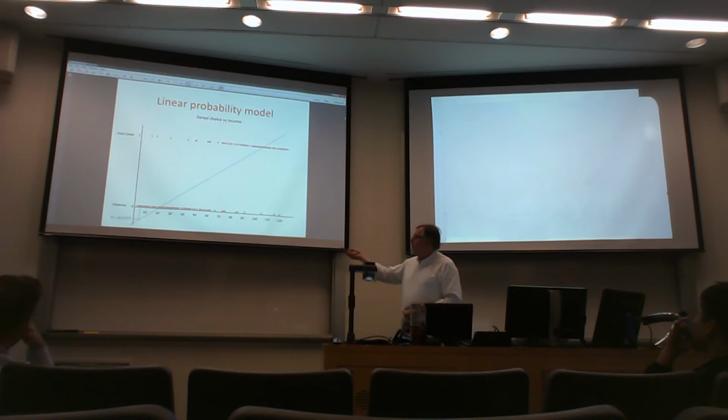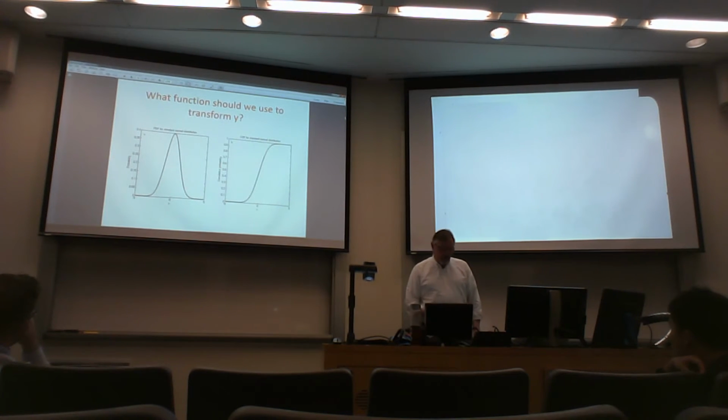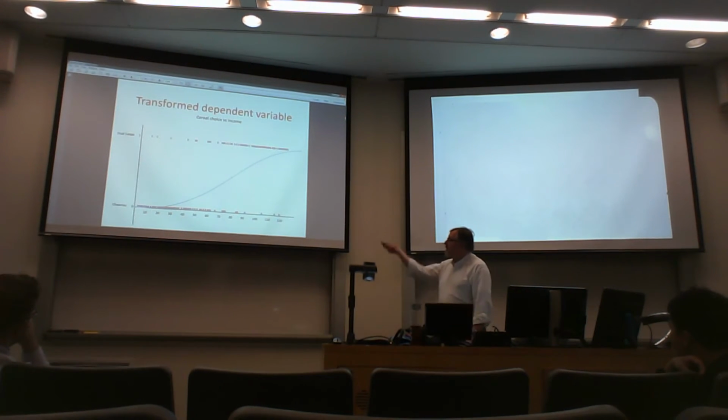Well, it'd be nice if we had some function that could transform the y's such that you wouldn't have this problem of results greater than 1, or you wouldn't have this problem of results less than 0, probabilities that are not possible. It'd be really nice if you had something like this.